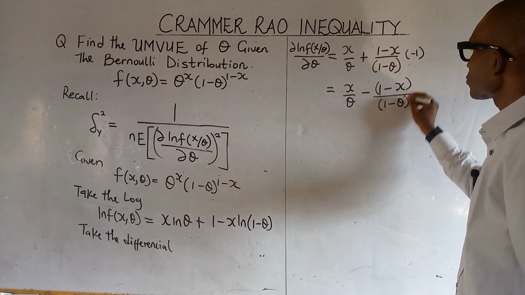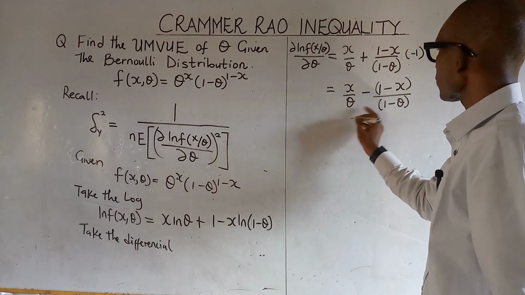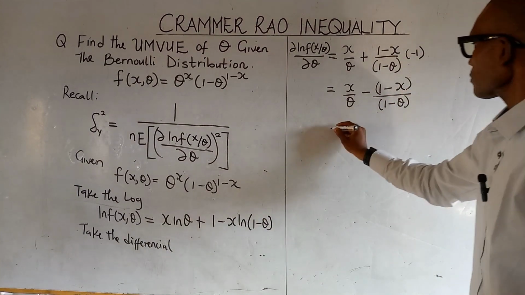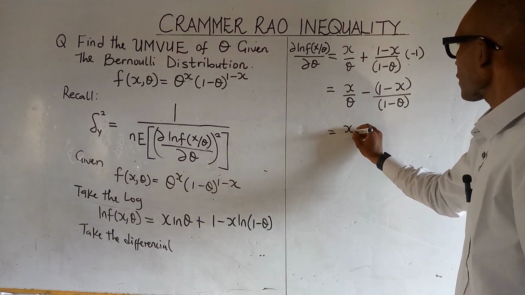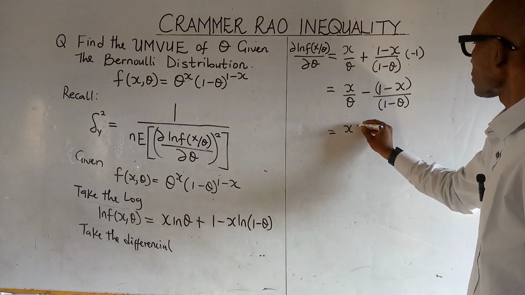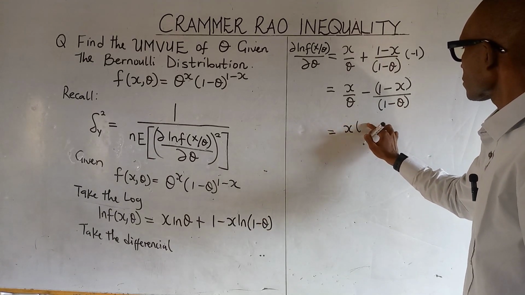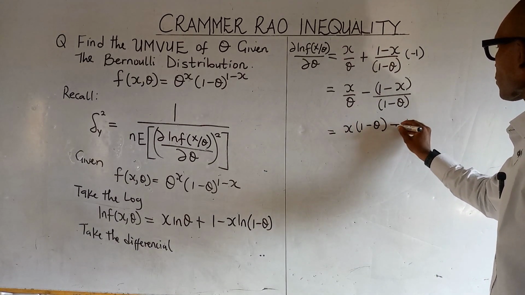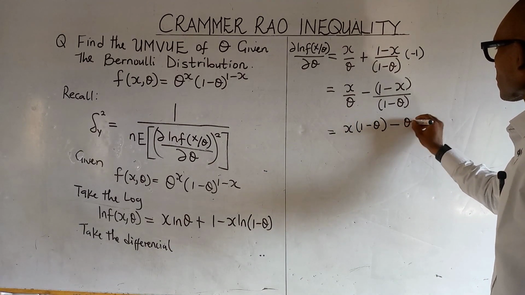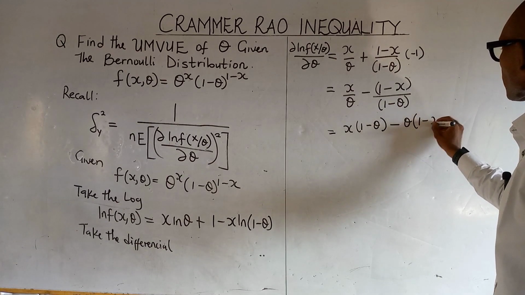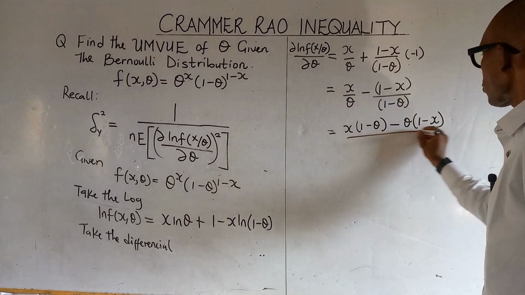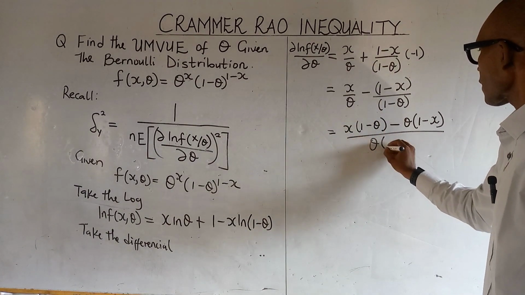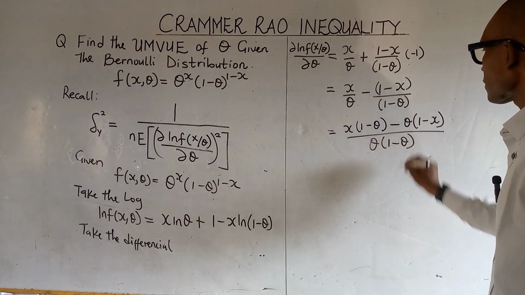So all we need to do is just to cross multiply. If we cross multiply, we get x times (1 - theta) minus theta multiplied by (1 - x), all over theta (1 - theta).